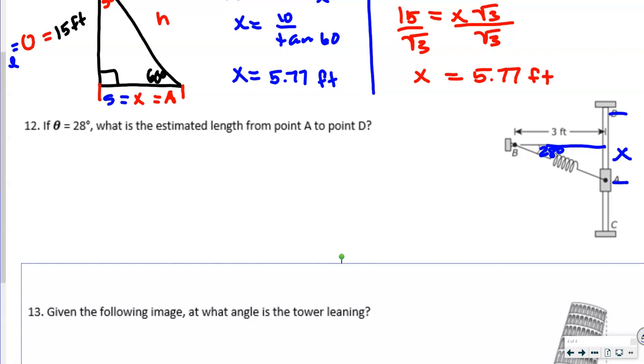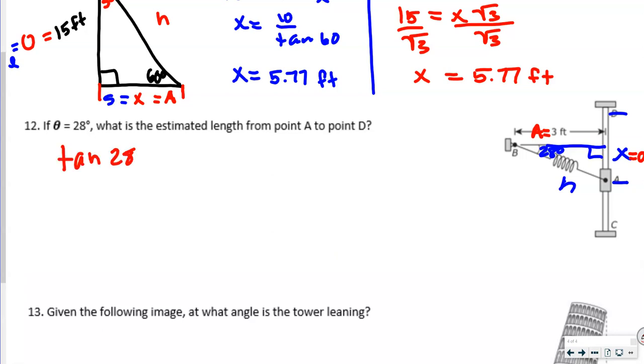And so let's talk again about that. The right angle would be there. So this would be our hypotenuse. This is going to be our opposite, and this is going to be our adjacent, right? So we have the adjacent, and we want the opposite. So we're going to do the tan. So we're going to do the tangent of 28, and that's going to be equal to the opposite over the adjacent.